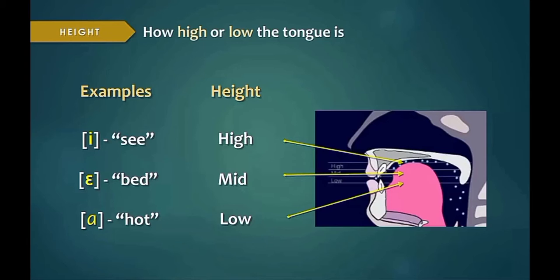E is an example of a high vowel, and A is an example of a low vowel.